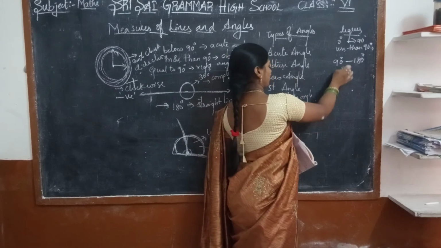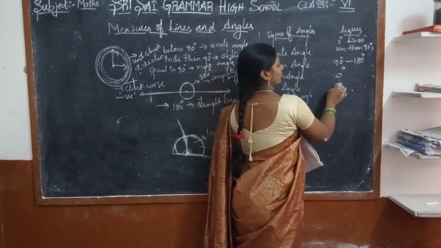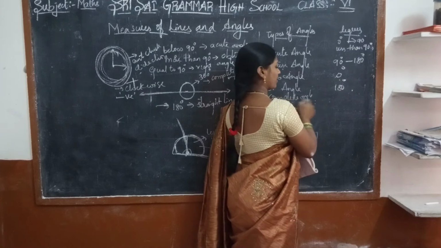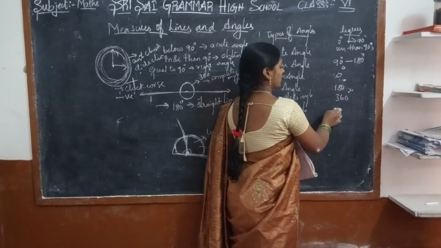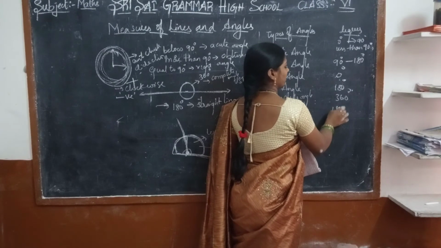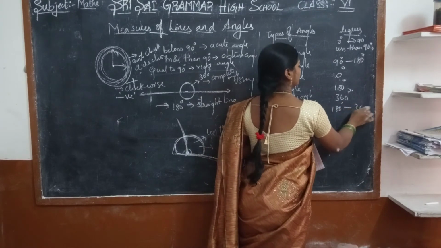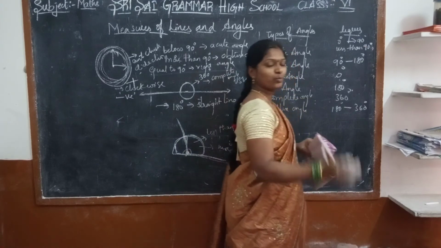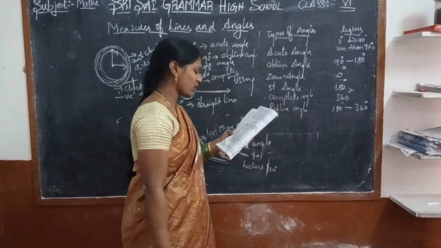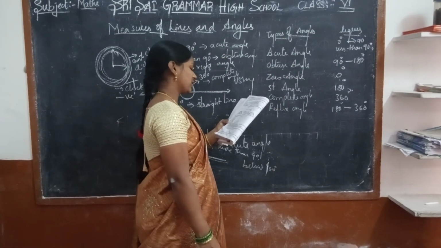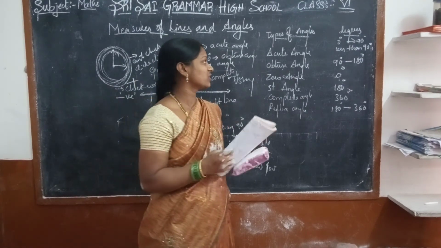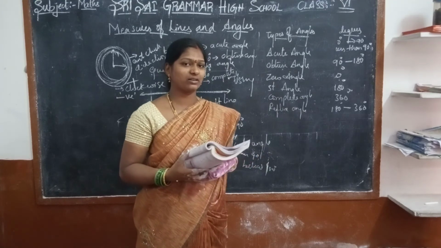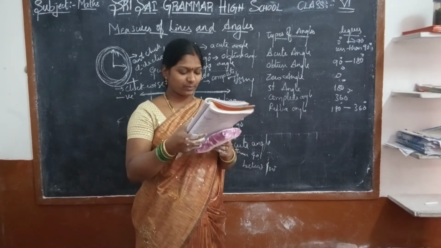Zero angle, straight angle 180 degrees, complete angle 360 degrees, reflex angle lies between 180 degrees and 360 degrees. Yes, these are the types of angles, and we can measure them with the help of a protractor.